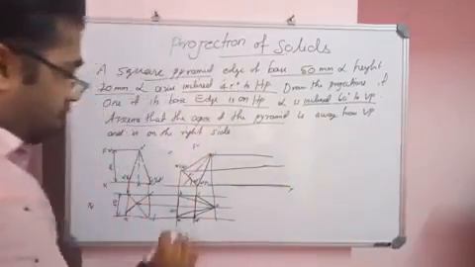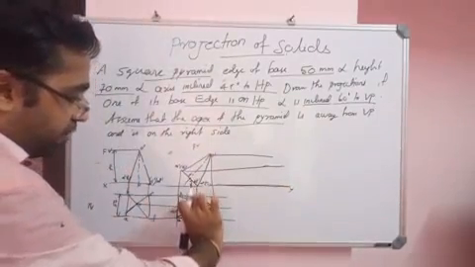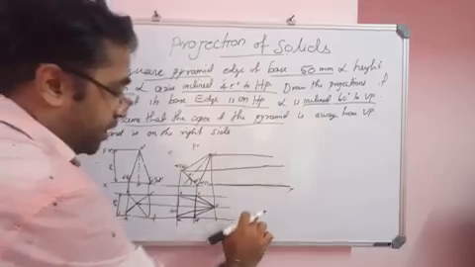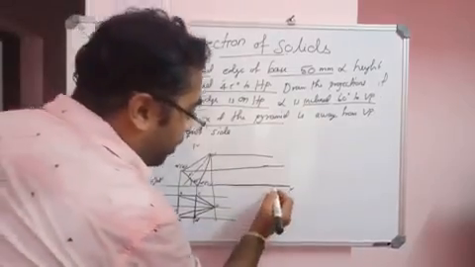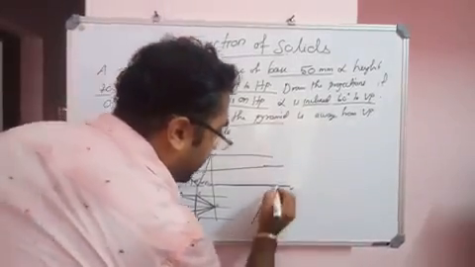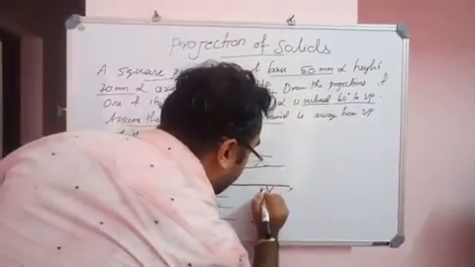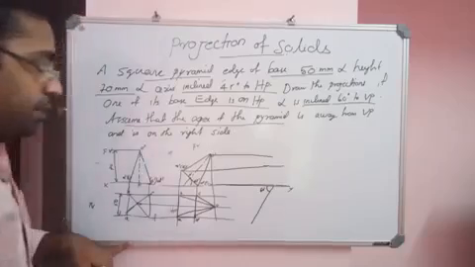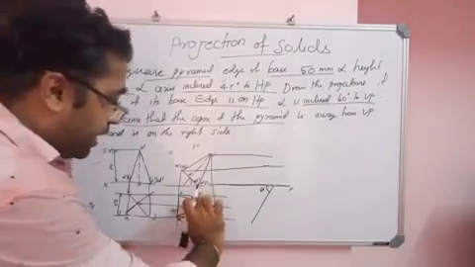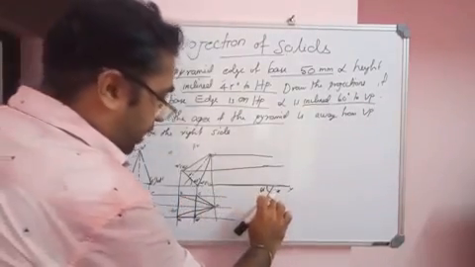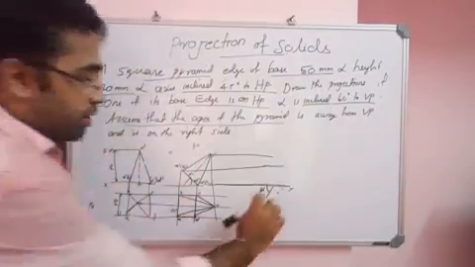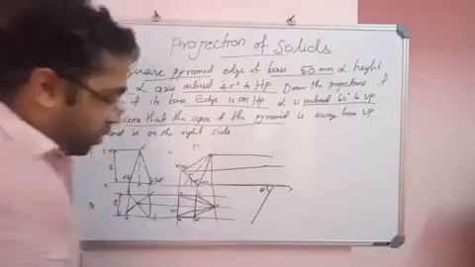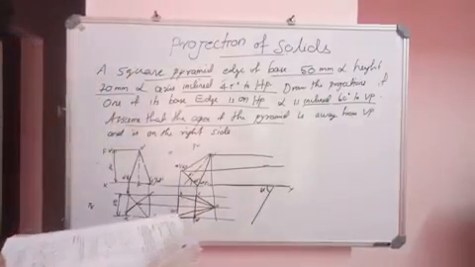Now we are considering that one of these edges is angled at 60 degrees to VP. So we first mark a 60-degree angle, and then I am taking CD here. You can take any length.